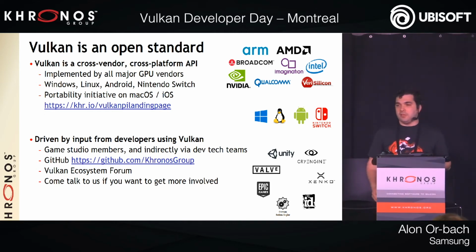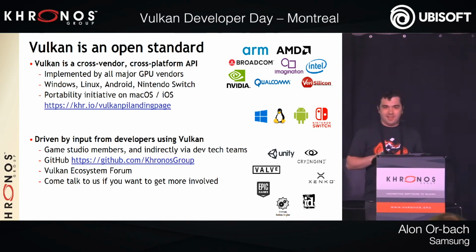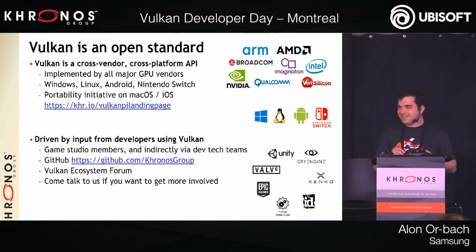So Vulkan is available across all platforms in one way or another. On Windows, on Linux, on Android, it's a first-class API, drivers available, use it directly. Nintendo Switch is a conformant product with Vulkan, but you need to talk to your lovely Switch people about how to access it.